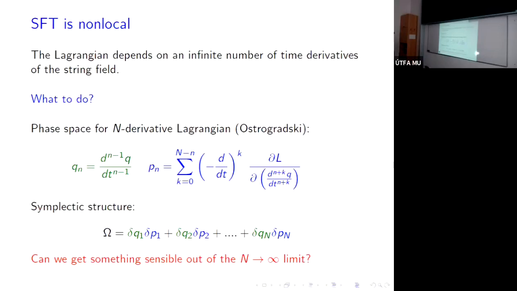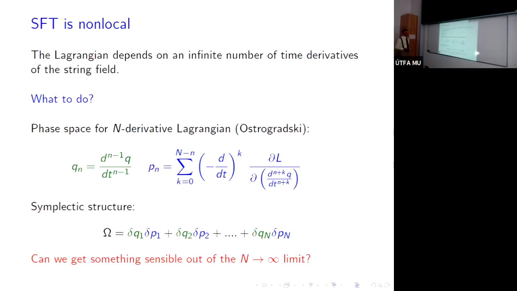So in principle, one can try to attack this by thinking of it as some kind of N-derivative Lagrangian with N very large. Then there is a well-defined prescription for deriving the symplectic structure on the phase space of the Lagrangian that was given by Ostrogradsky in the 19th century.